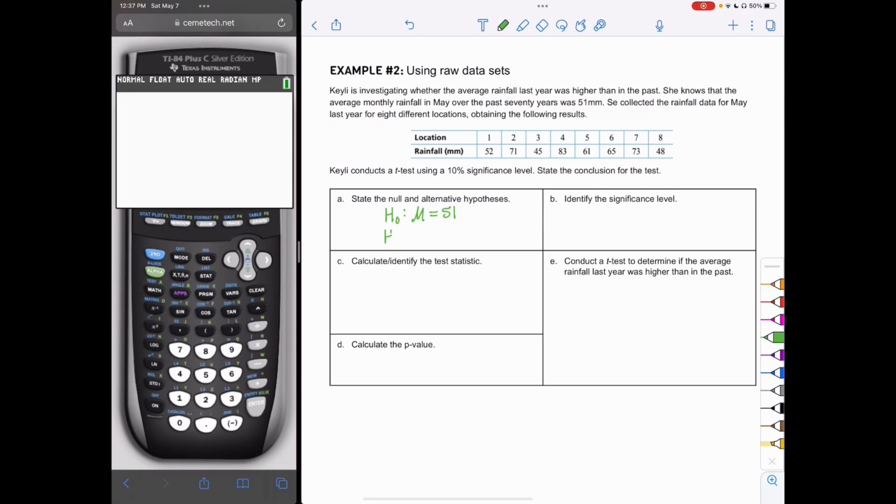Now our alternative hypothesis, H sub 1: she said that she is investigating whether the average rainfall last year was higher than in the past. So our alternative hypothesis is that mu is greater than 51.